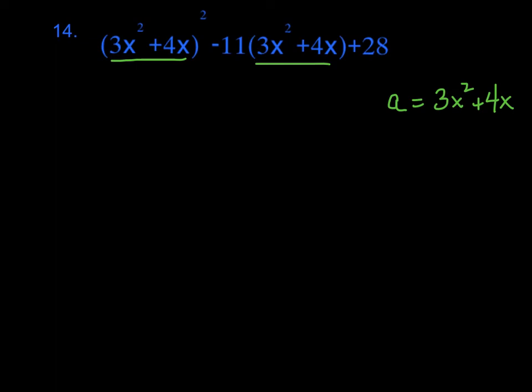You could say to yourself, well, hold on, maybe it has something to do with adding to negative 11 and multiplying to 28, and you would be getting warm if we were playing hot and cold. So what we're going to do is take off from that general thought, and we're going to assign what's inside these parentheses a simple value of a, and let me explain why, just in case you forgot.